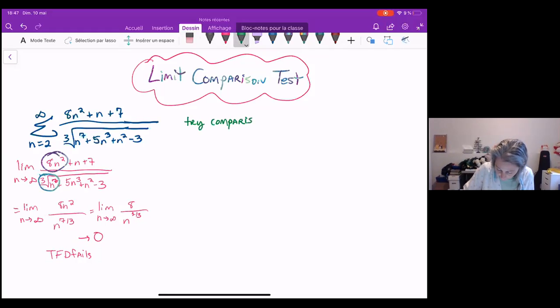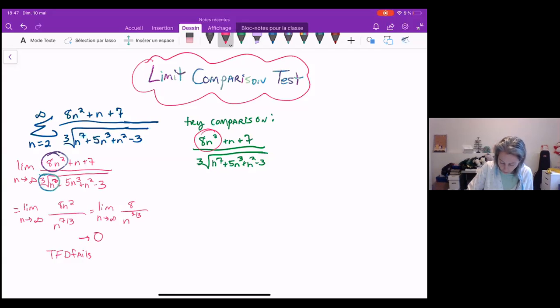And when we're trying comparison, we want to bound this thing. So I'm saying 8n squared plus n plus 7 over the cubed root of all of that stuff again. The technique that we used when we applied the test for divergence, of just taking the big stuff, is how we're going to find our series to compare to. We already saw that that gives us 8 over n to the 1/3.